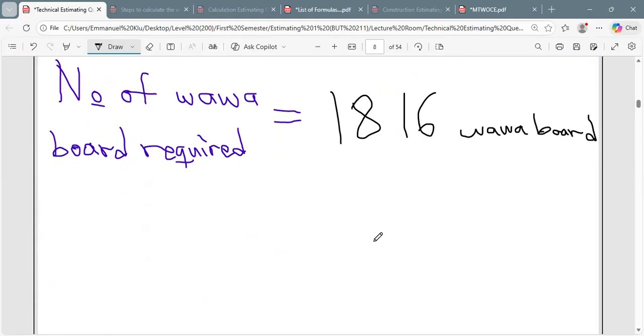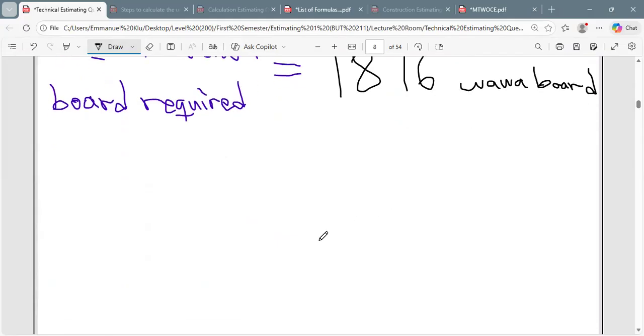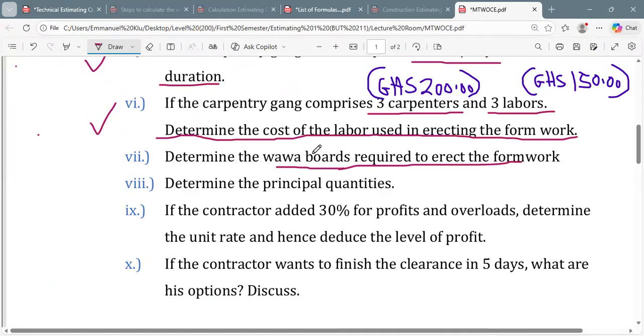So that is the number of boards they are going to be buying. So we are done with this one too.